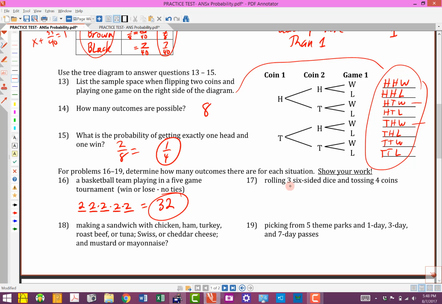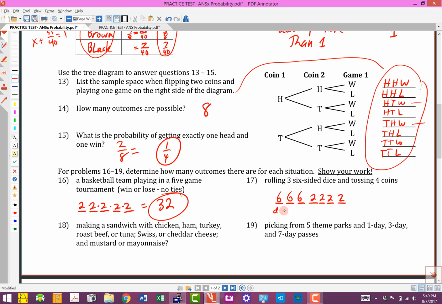We're going to roll 3 6-sided dice. So we're going to roll 3 dice, and then we're going to toss 4 coins. So 3 dice and then 4 coins. So for the dice, there are 6 outcomes for each one of those. For the coins, 2 here, 2 here, 2 here, and then we're going to multiply all those together.